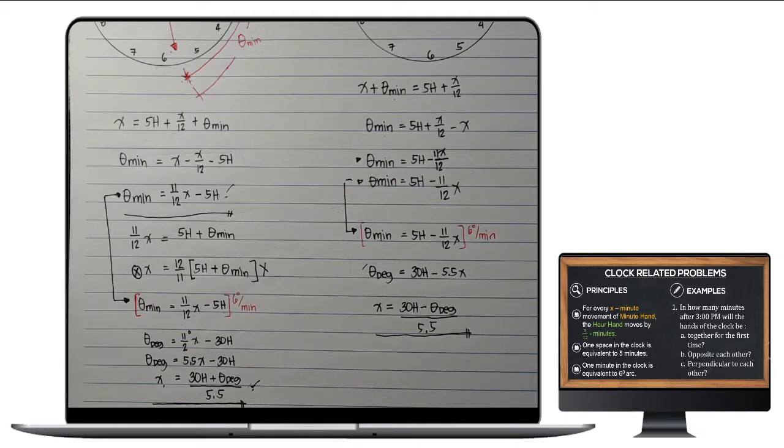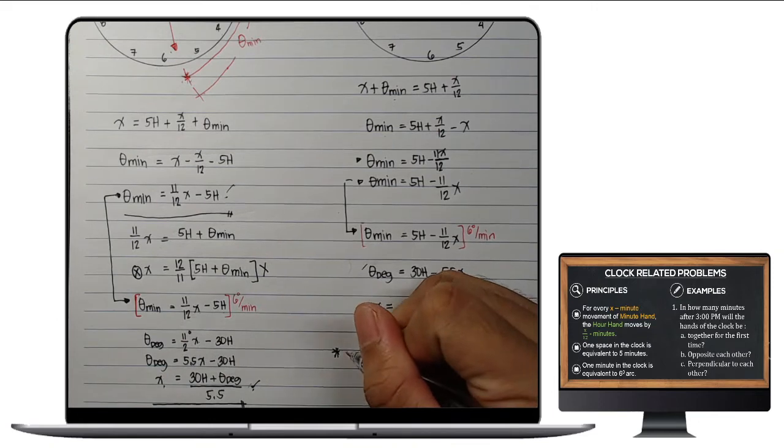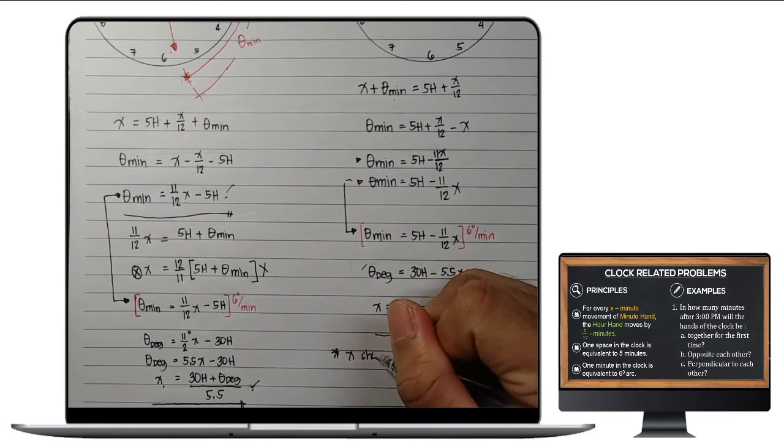Okay? So, logically speaking, syempre, we do not have negative values of minutes. Wala naman tayong negative 5 minutes, negative 10 minutes. So, kung ano mang minutes yon, wala tayong negative minutes. So, we should note that at all times, x should be positive.